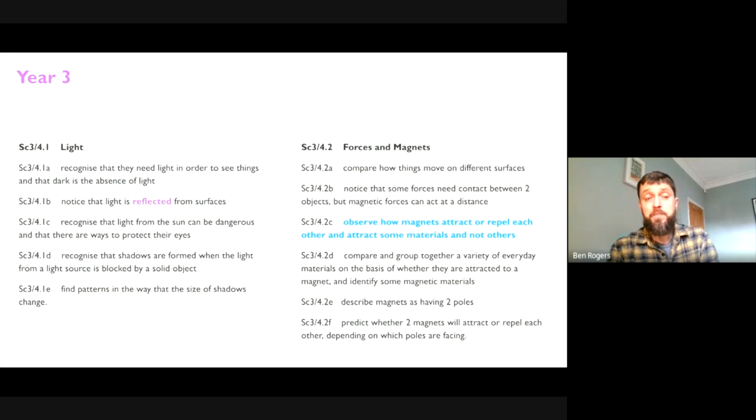Quite often primary colleagues tend to use inquiry or investigations to teach some of this stuff. If you know me, you'll know I'm not convinced of that at all as an approach. But I think the problem is you've got non-specialists teaching it, which there are plenty of non-specialists teaching physics at high school.